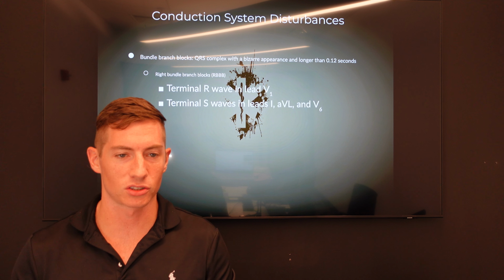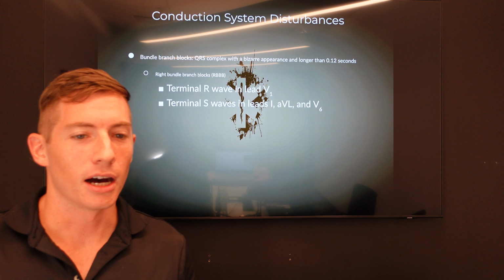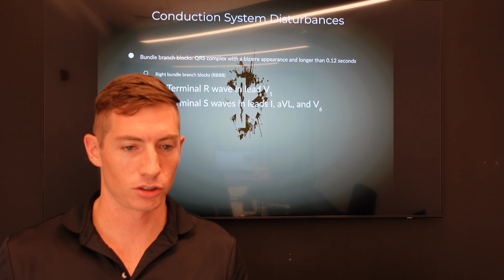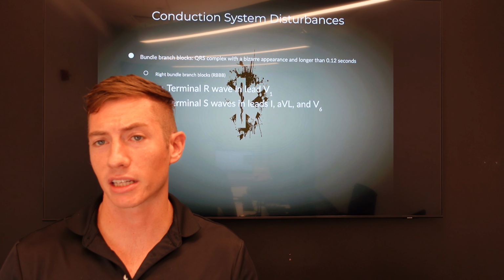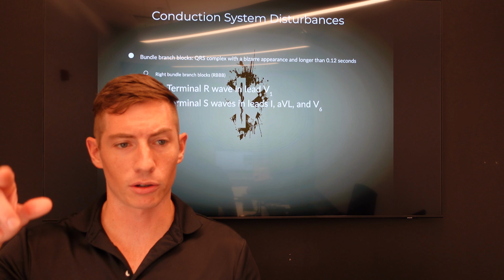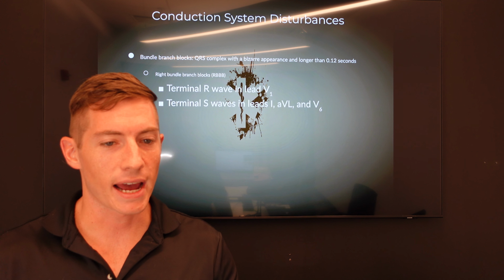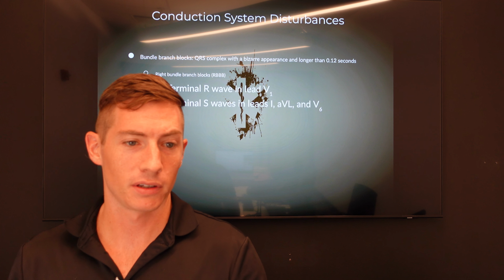Right bundle branch block, RBBB: terminal R wave in lead V1. So we're going to look at V1 and we're going to look at the R wave. Typically, the QRS complex appears as an RSR complex, R prime wave.